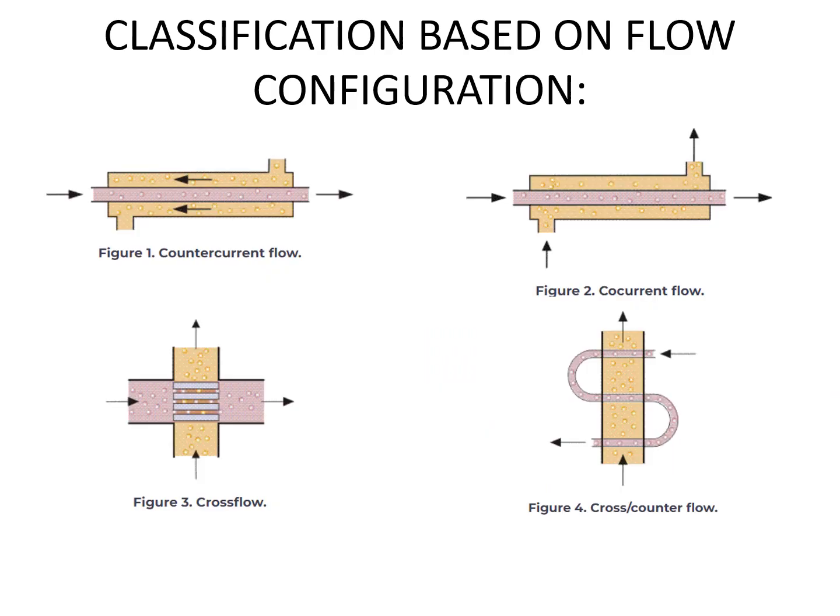Okay, so classification based on the flow configuration. You might be asking why we want to classify based on flow. When you want to order a heat exchanger, you always want to know what kind of flow your two liquids have, because that is the basis of the calculation required to find the area of the heat exchanger.